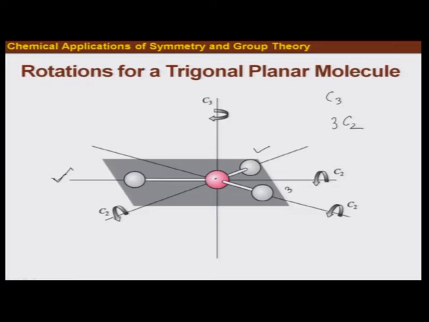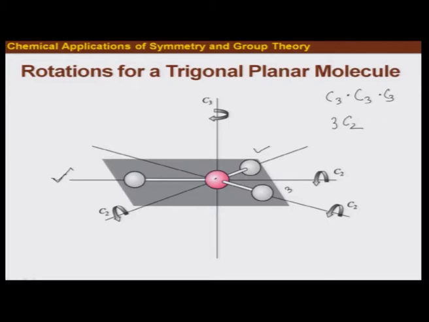Now we will also see that this C3 is an element. Now, when you operate this C3 consecutively, you can get indistinguishable structures. So you can have C3 followed by another C3 and then another C3, and you can keep going until you get an identical structure.